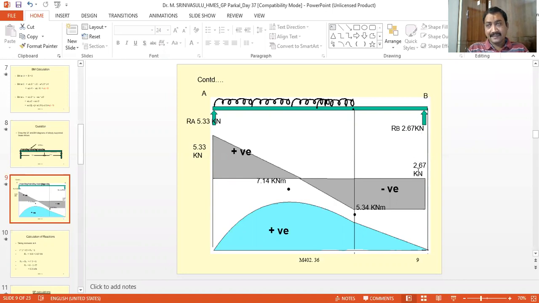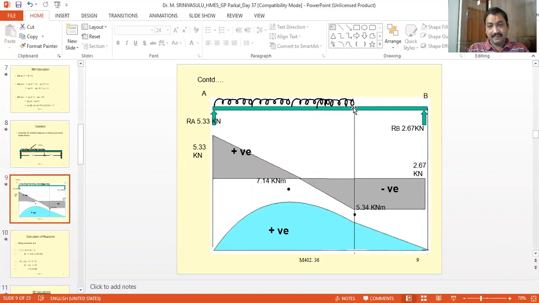So to the right of the section, the upward force is taken to be negative. Therefore, the shear force at point B is equal to RB, that is minus 2.67.